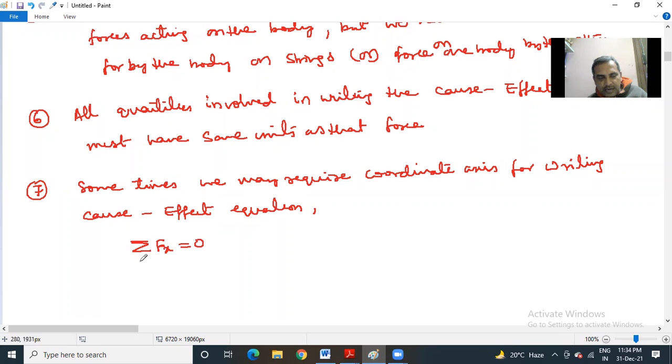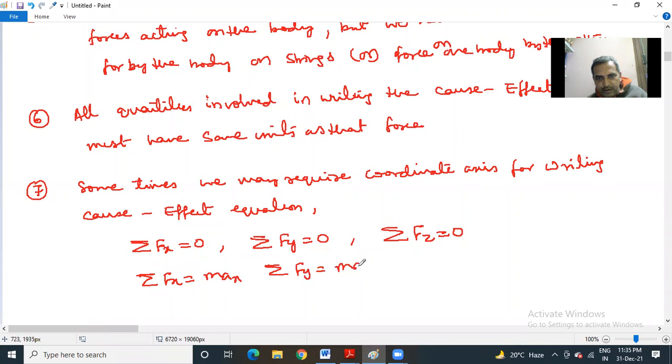It means all forces acting along the x-axis will be equal to 0. Similarly, sigma of Fy is equal to 0. Similarly, sigma of Fz is equal to 0. Otherwise, we can also write sigma of Fx is equal to max, sigma of Fy is equal to may, sigma of Fz is equal to maz.